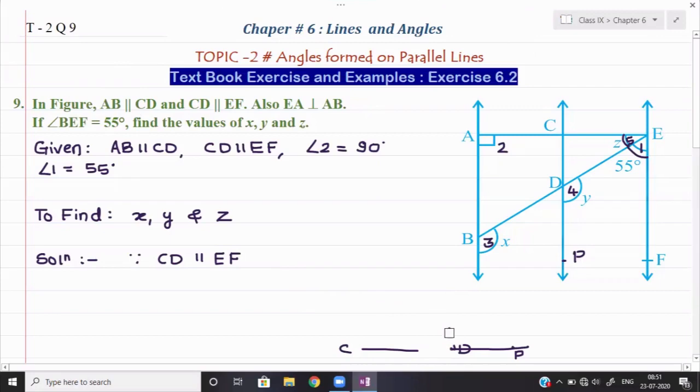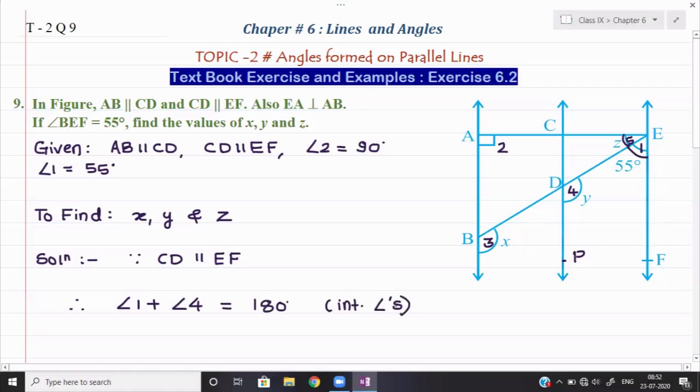You need to draw it separately sometimes, then only it comes to your notice which kind of angles are given to us. So we write, therefore, angle 1 plus angle 4 is equal to 180 degrees. Reason: interior angles.